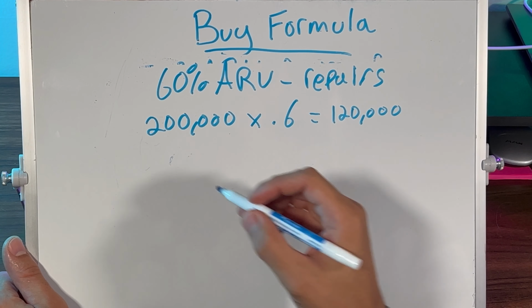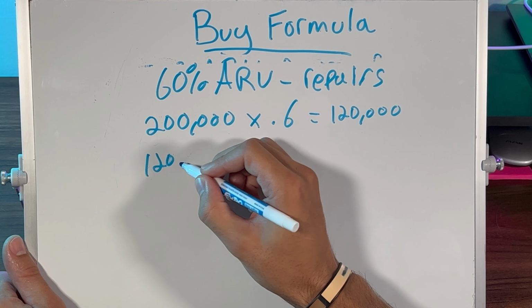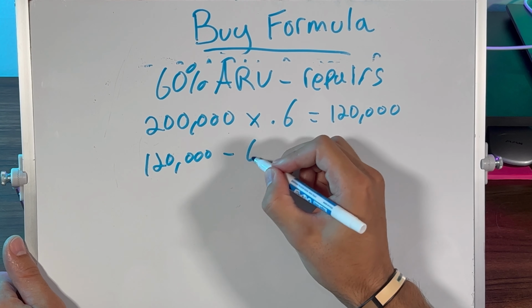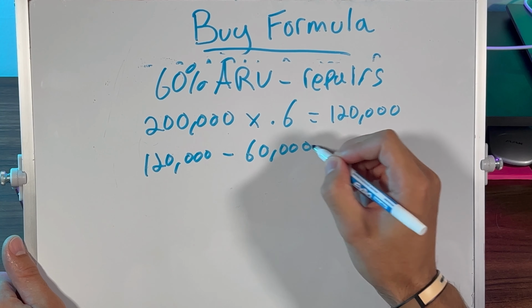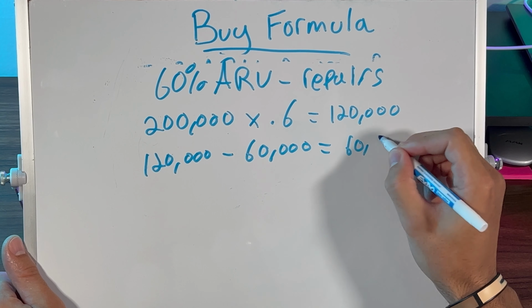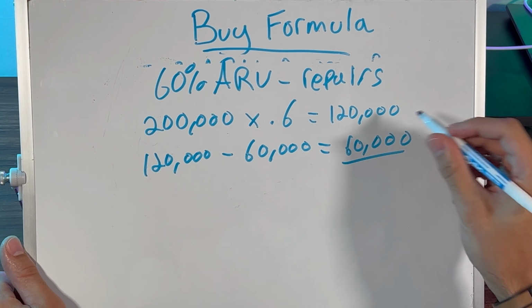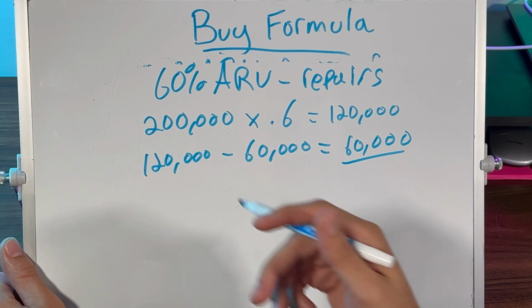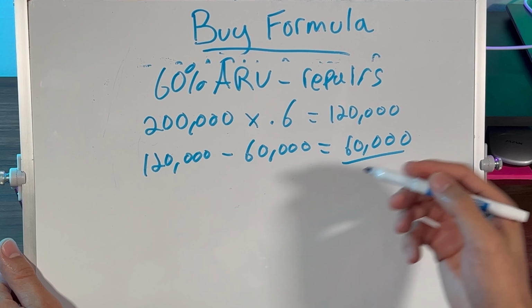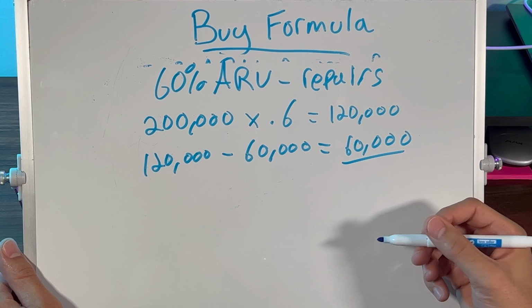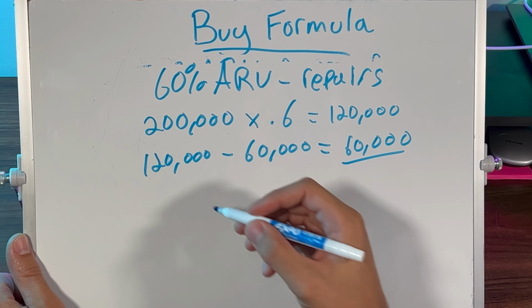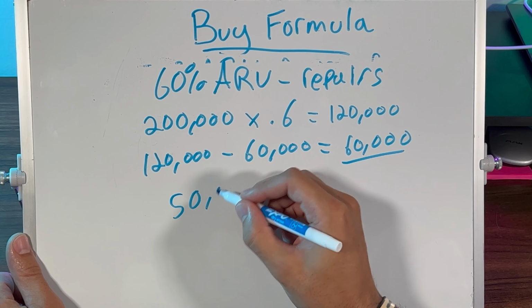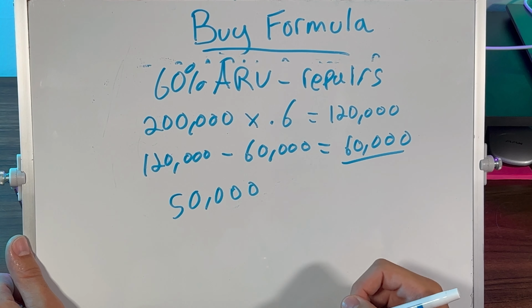It needs a full rehab. So we do 120 minus 60,000 equals 60,000. So that is what a cash buyer in a different market where maybe they're only paying 60% of ARV, they're only going to be able to pay this for your property, which again means that you would need it under contract for $50,000. So you could make your $10,000 wholesale fee.